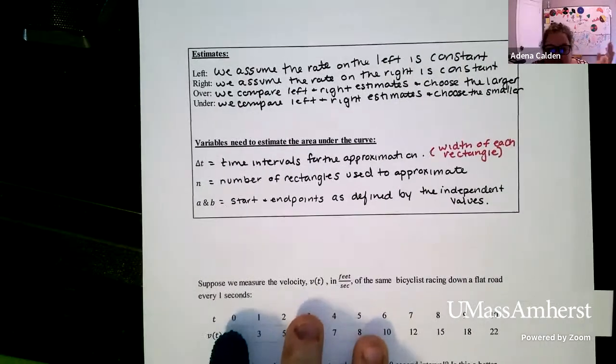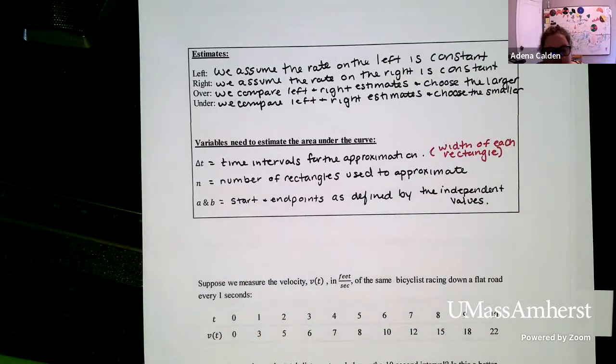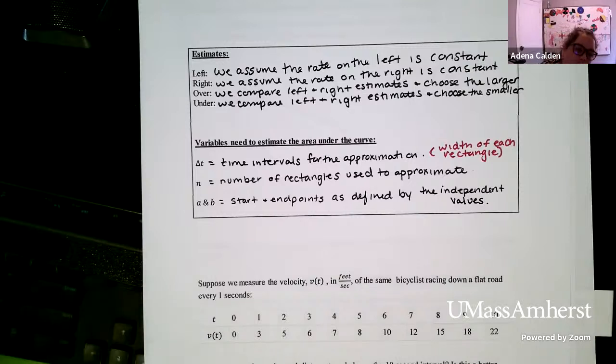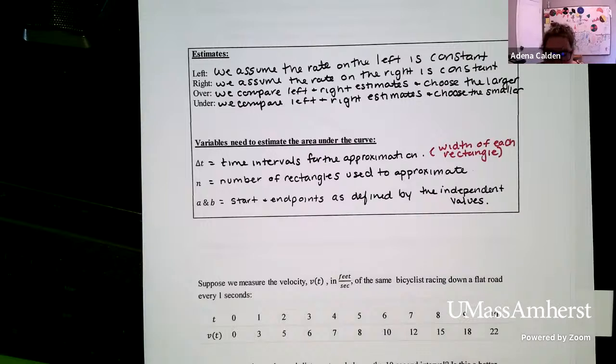So what were the estimates we did? We did a left-hand estimate where we assume the rate on the left is constant for each choice we make. We did a right-hand estimate. That's where we're assuming the rate on the right is constant for each choice we make. There's the overestimate, which is where we compare the left and the right and we pick the larger one.